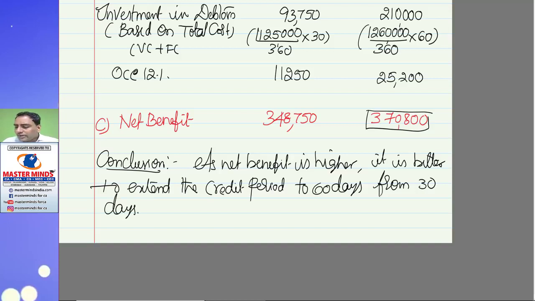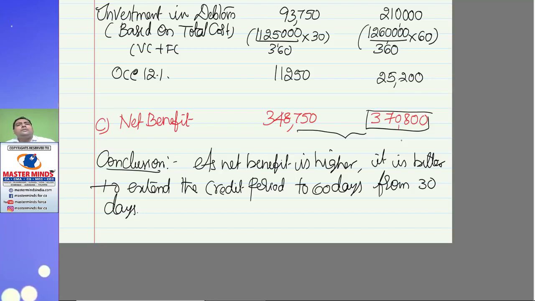So the answer 22,050 is the difference between these two: 3,70,800 minus 3,48,750. If you allow 60 days credit, you would get additional profit of 22,050. The conclusion is the same.